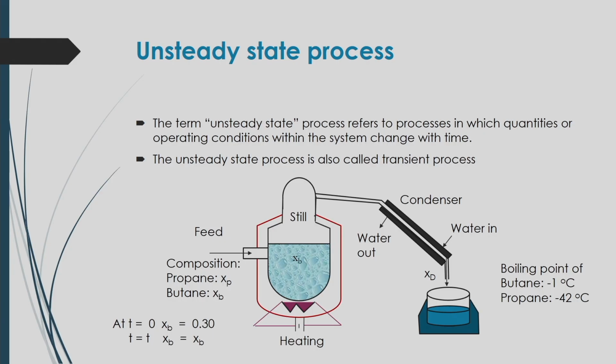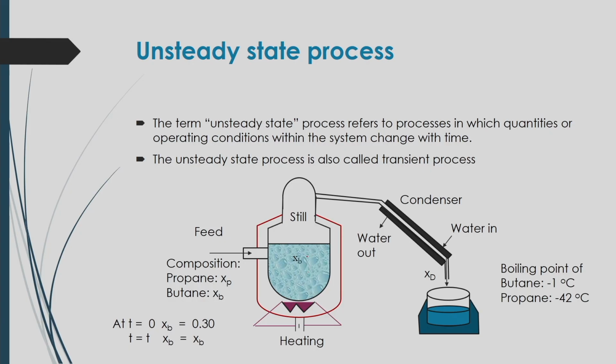Now, let us consider this chemical engineering process, where you will see that the process is based on time. Like in this case, here is one still at a certain condition, and inside this still there is some amount of liquid mixture.